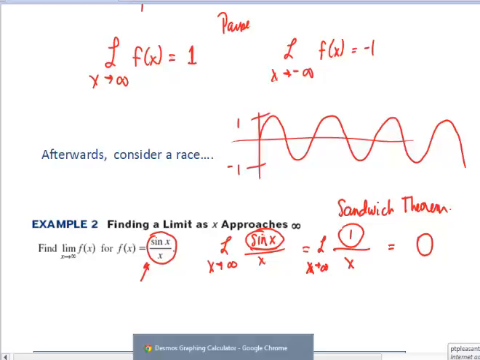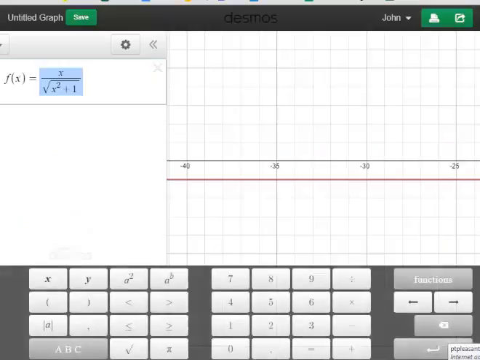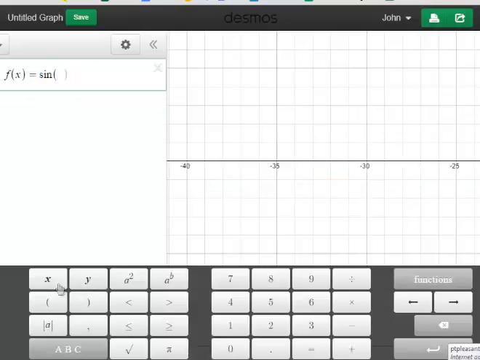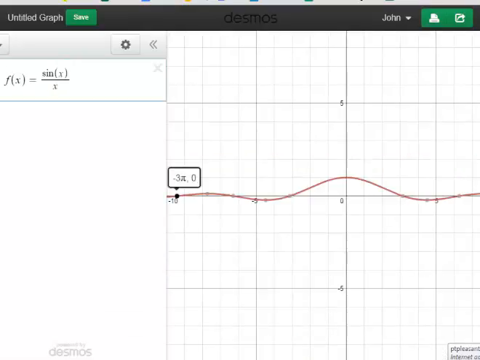So I'm going to put on Desmos, change the function, and put sine of x over x. So I've got to find the sine function. There it is. Sine of x divided by, I just have to move over a little bit, x. And if we look at that function, now if you look at the very beginning, yesterday we were talking about how as x approaches 0, we get to a value of 1.